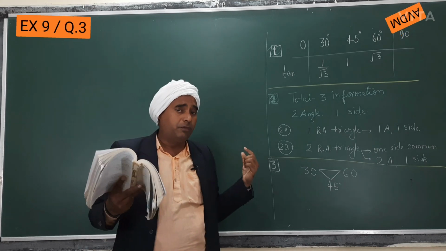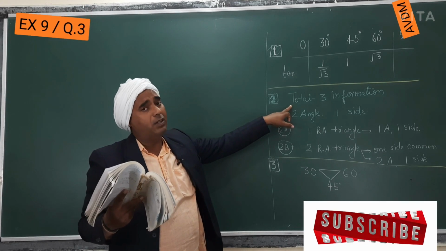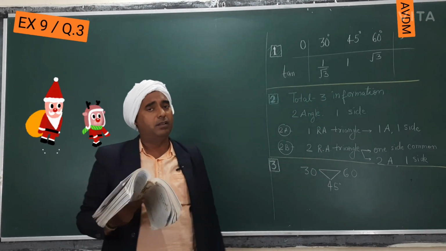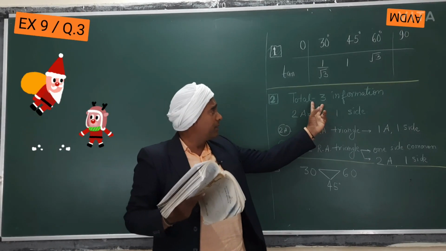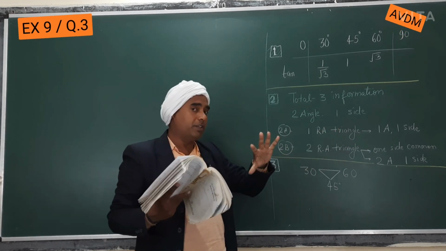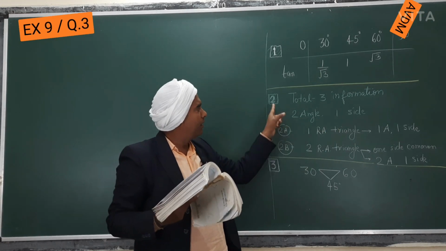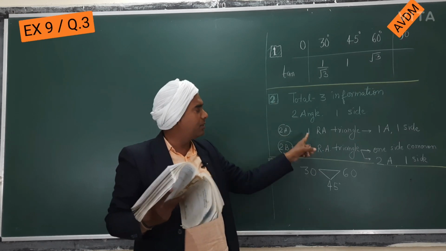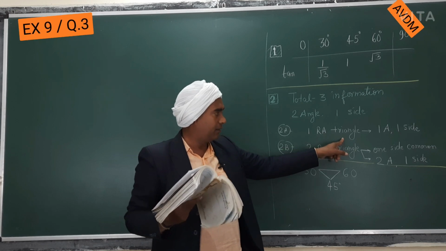One thing I would like to inform you, in every question you will find a total of 3 informations. Out of 3 informations, 2 angles and 1 side. You will focus on it. In type 2a, it may be a very simple question, one right angle triangle.